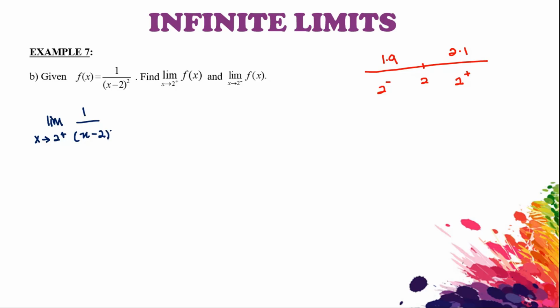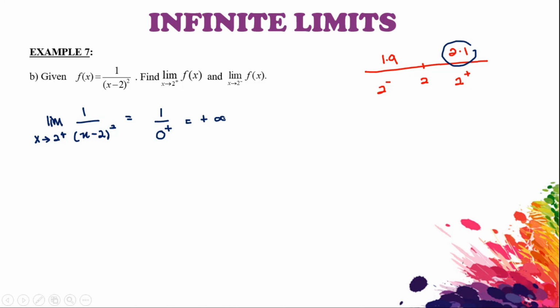If we substitute 2 into our function, we will get 0. But now we want to find 2 from the right. Therefore, we can assume that the value of x is 2.1. 2.1 minus 2 will give a positive number. Therefore, we will get 0 positive, 0 from the right, and this equals positive infinity.